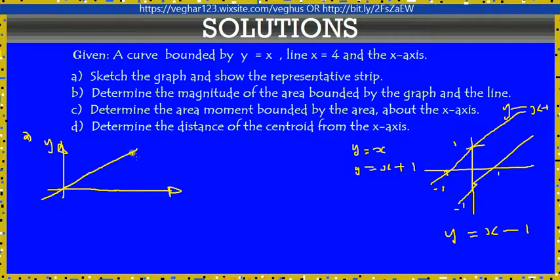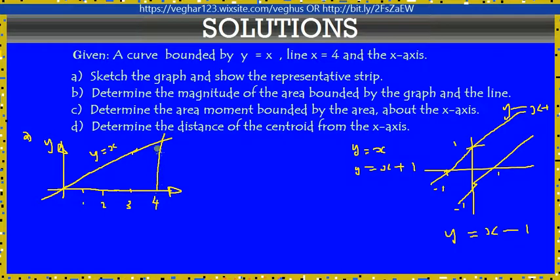To sketch the graph, you just let x equal 0, y equal 0, and then you find your graph. And then here they say it's 4. As you can see, this is the graph, which is y equals x, and the line x equals 4.